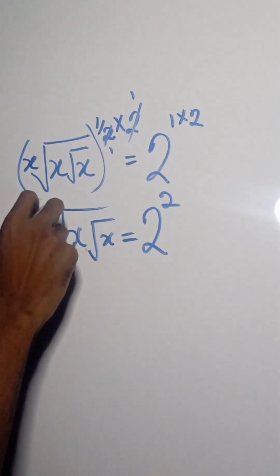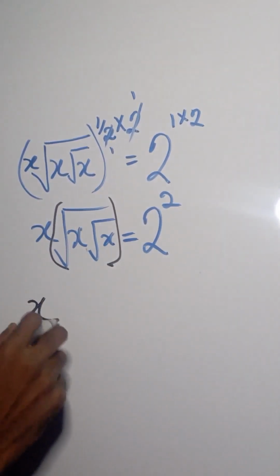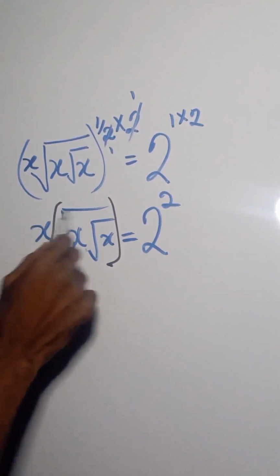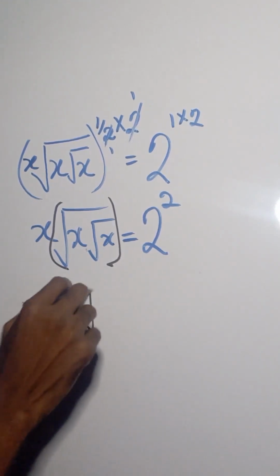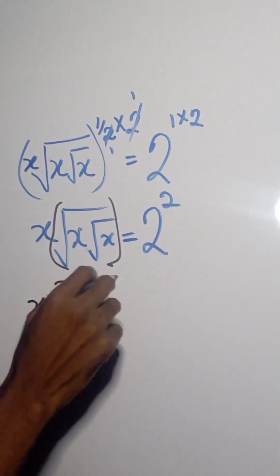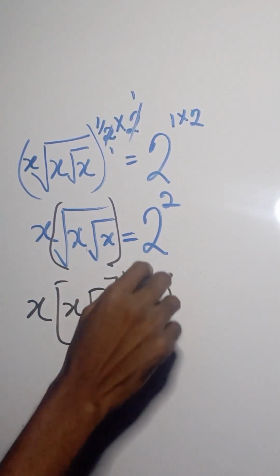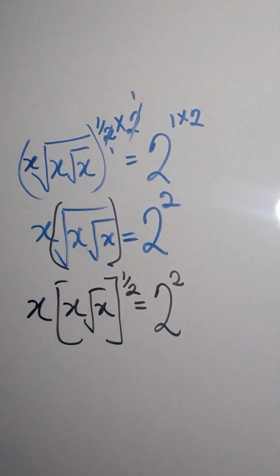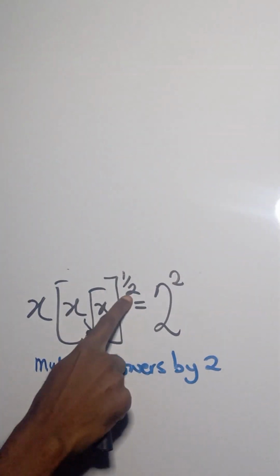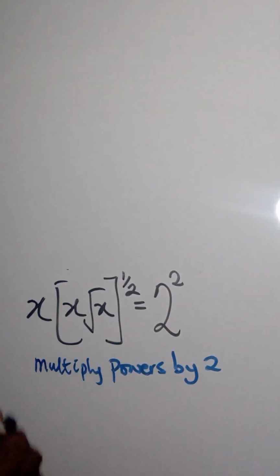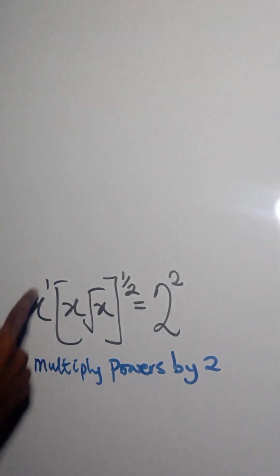Now I can treat this as multiplying itself, so x, of course, square root sign, I'm going to bring it out here. So it's going to be x root x, power half, is equal to 2 raised to power 2. Alright, so we are going to multiply the powers by 2 again. So if I do that, of course, we have to recall that this has a power of 1 outside.